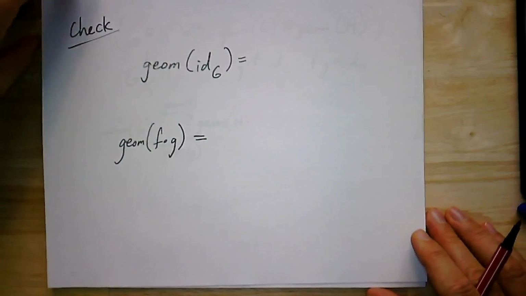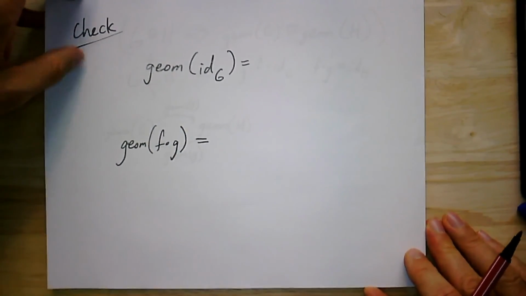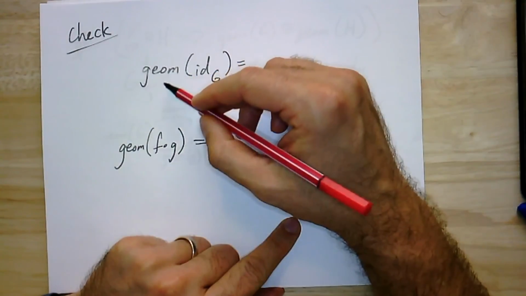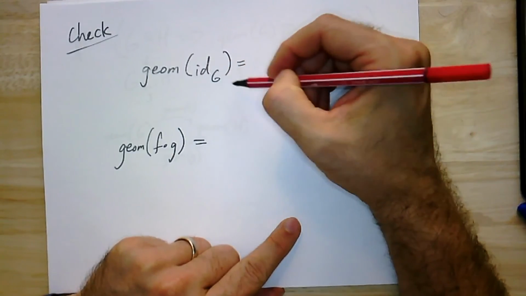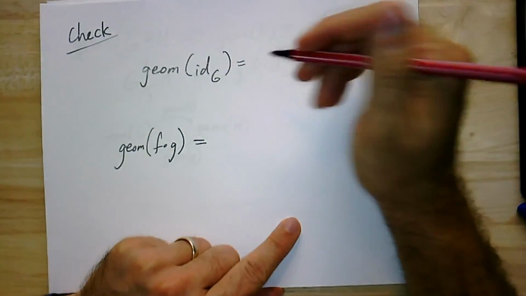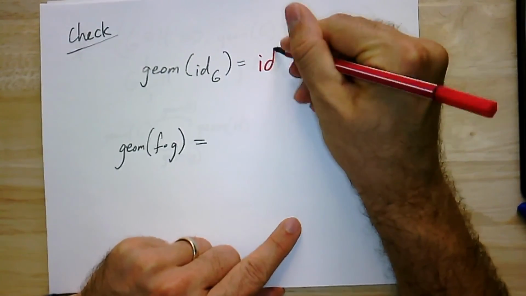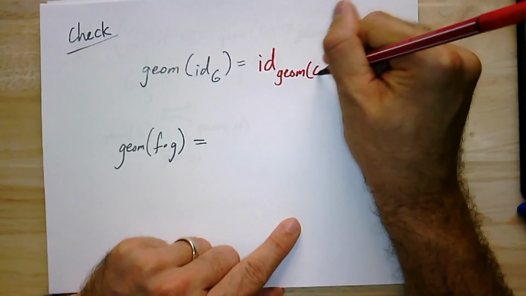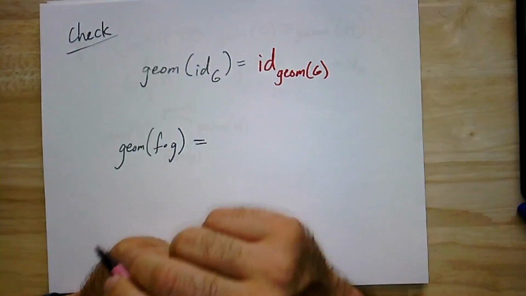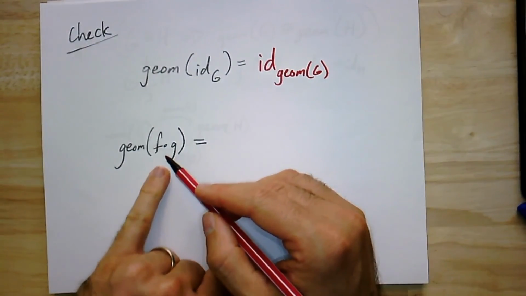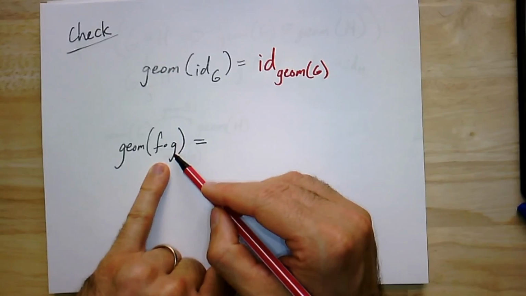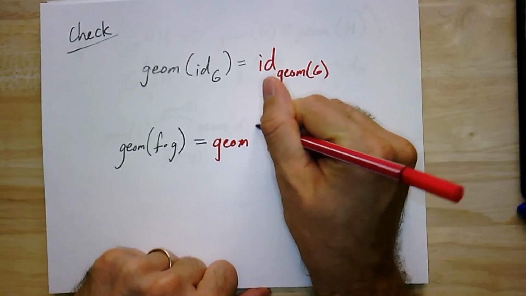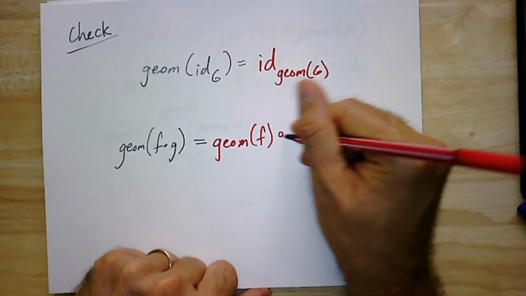All right, if we're going to look at these new continuous maps, we should check certain things about them. One is, this is a nice fact, if I took the geometric realization of an identity map, that is just the identity continuous map on the geometric realization of G. And if I took the geometric realization of the composition of two homomorphisms, I'm going to get the composition of their geometric realizations.